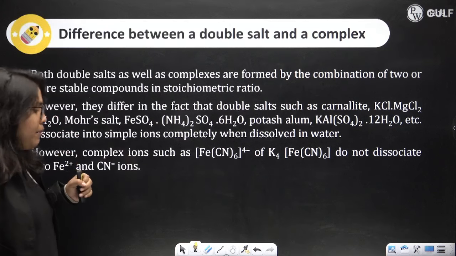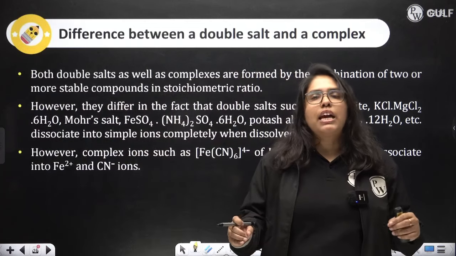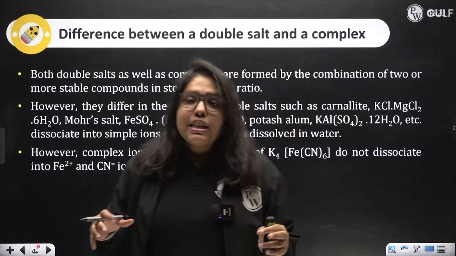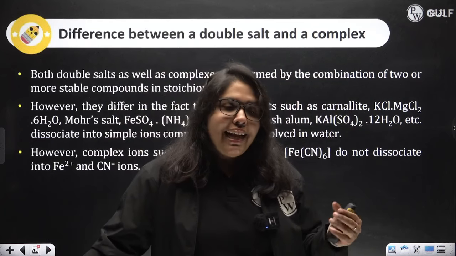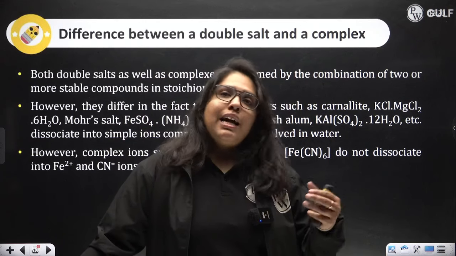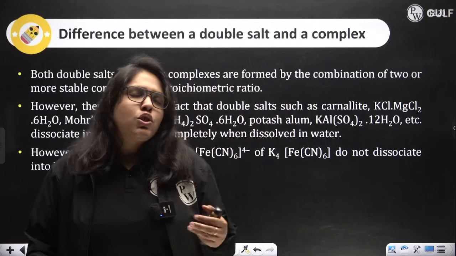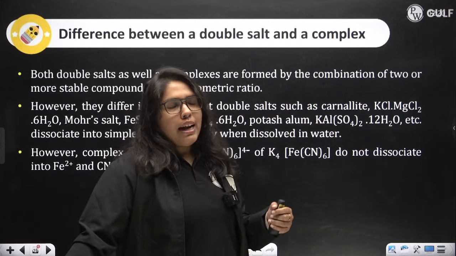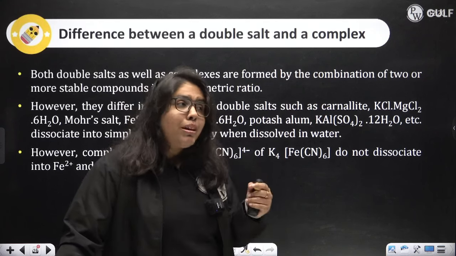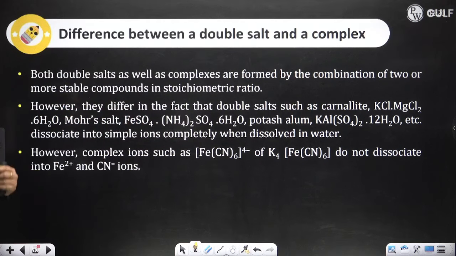Now, many a time you will be wondering: ma'am, you said in the beginning of the session that a combination of two or more salts, in such a way that the entity they form does not lose its identity either in solid state or liquid state, basically does not dissociate, is a coordination compound. But what about double salts, like Mohr's salt or carnallite?